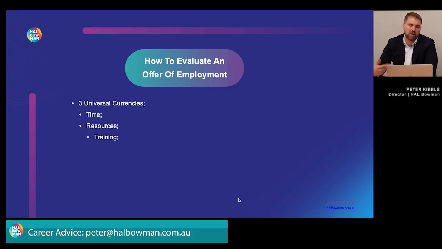But if you get further on in your career, like 15, 20 years in, you may not care so much about training because you've got other ways of getting access to that. The next one on this is team structure and workflow.